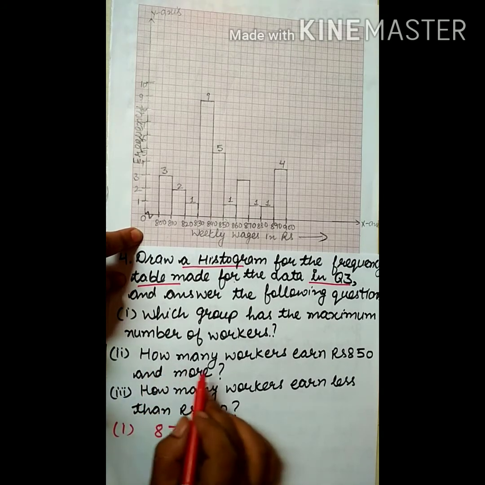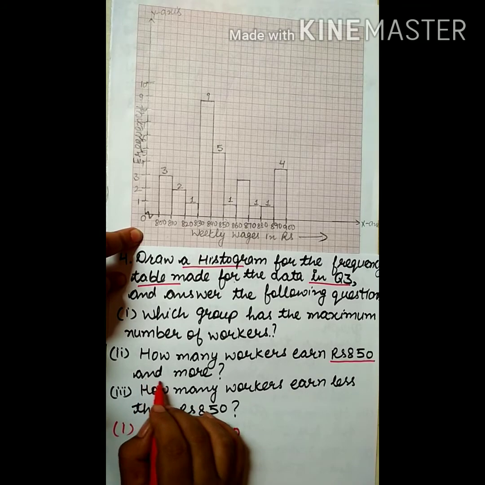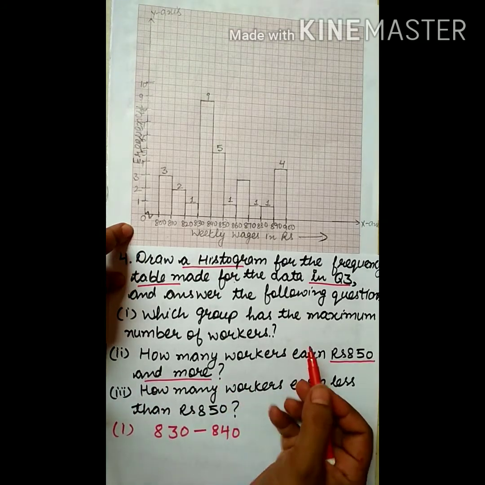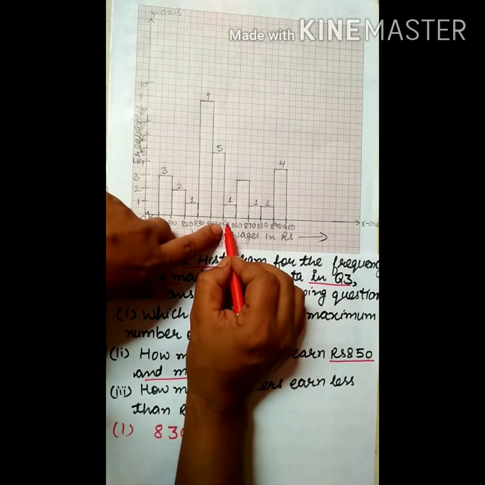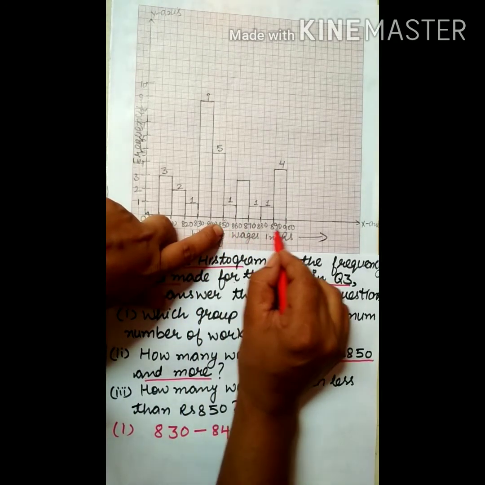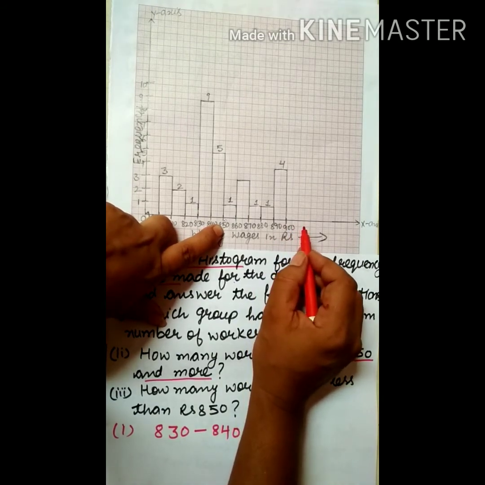For the second part, how many workers earn rupees 850 and more than 850? From here 850 is started, so it means the workers lying from 850 to 900 are earning more than 850.